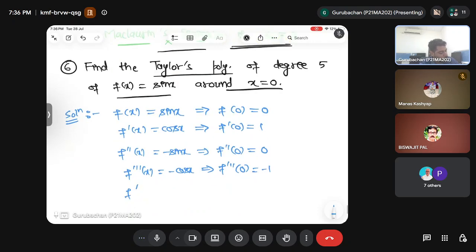The fourth derivative at 0 is 0. The fifth derivative is plus 1.